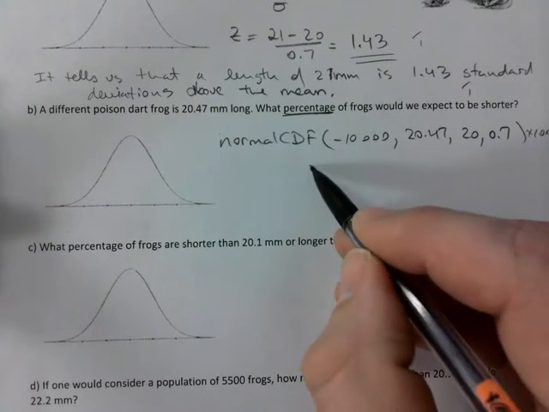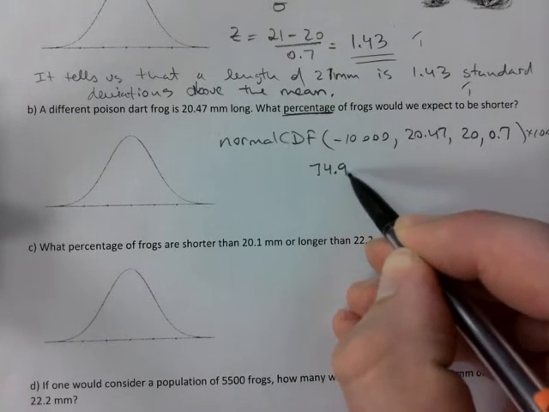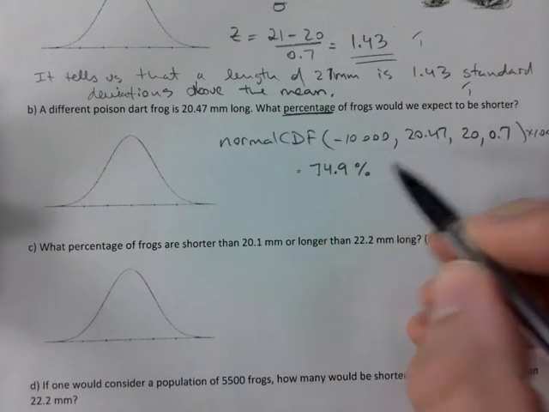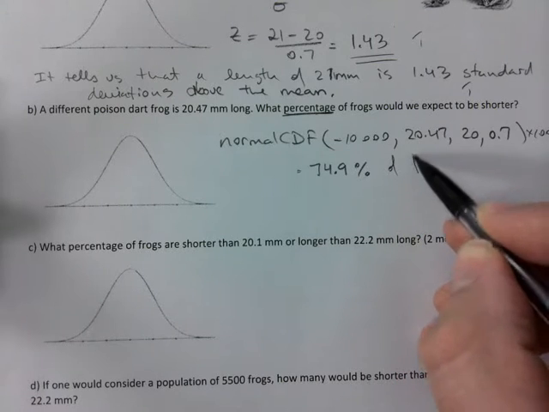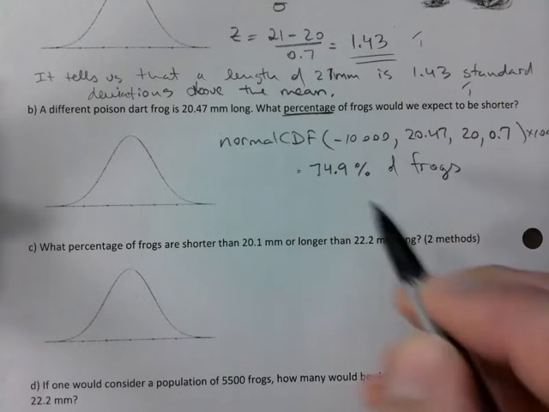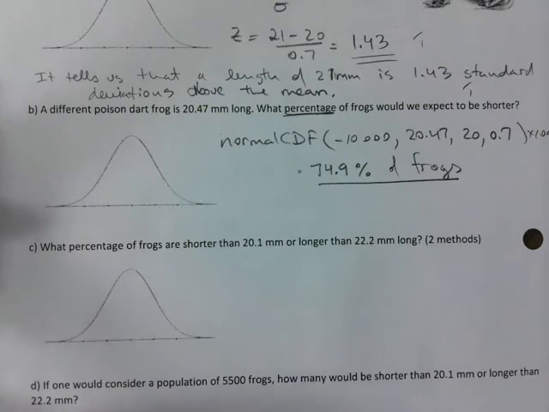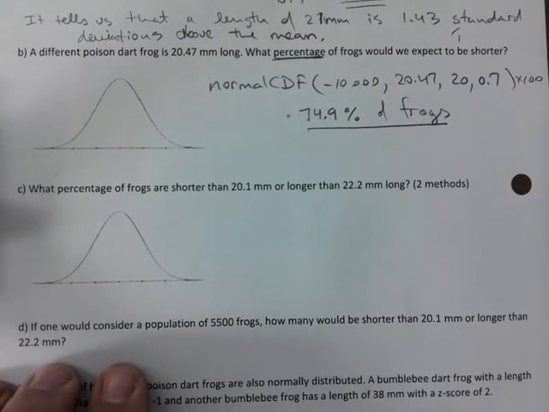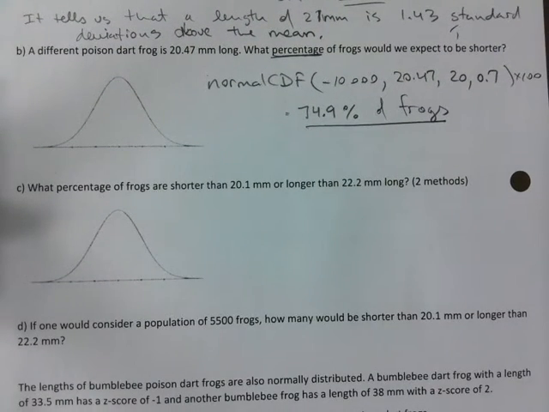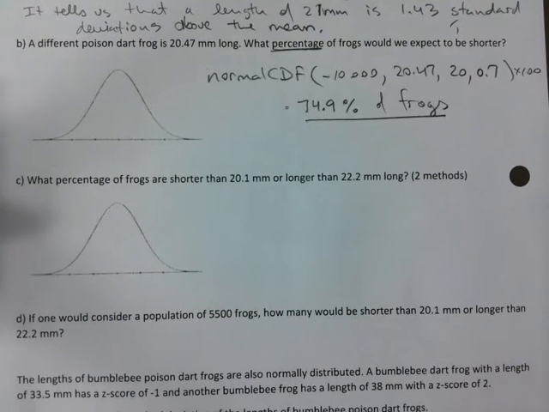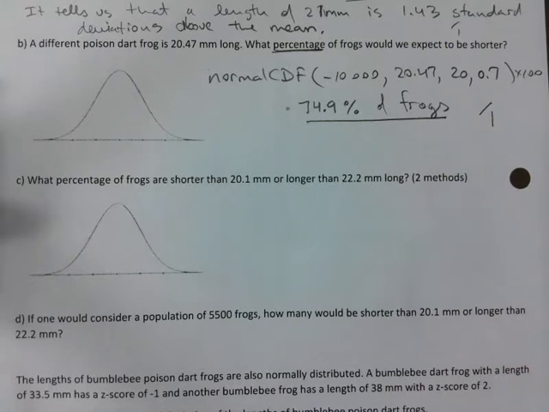We get 74.90 or 0.9% of frogs. So as long as you show me normal CDF entries and you have the correct answer rounded to 2 decimals, you're fine. That's a 1 mark question there, just one.